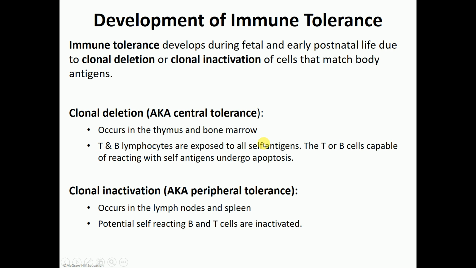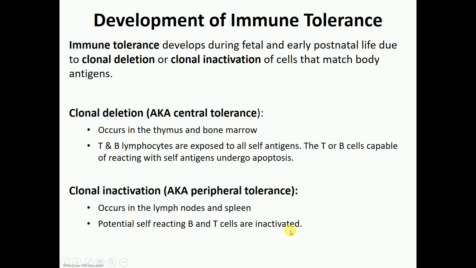But when the T and B lymphocytes migrate to the secondary lymphoid tissue, so the lymph nodes and spleen, this is where the second step happens, and that is clonal inactivation or peripheral tolerance, where again, if we find B and T cells that have the potential to react to our self cells, they are going to become deactivated.